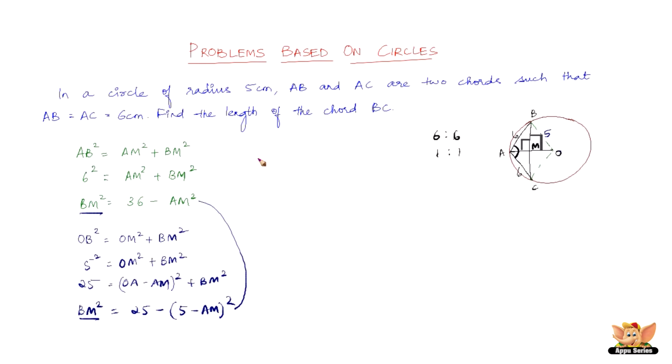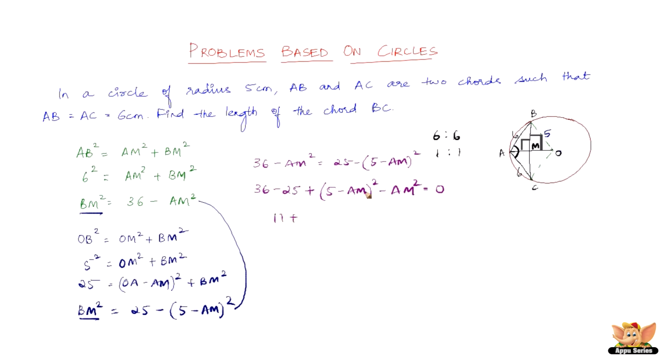So now, equating that, we have 36 minus AM square equals 25 minus 5 minus AM the whole square. So we have 36 minus 25 plus 5 minus AM the whole square, minus AM square equals 0. 36 minus 25 is 11.